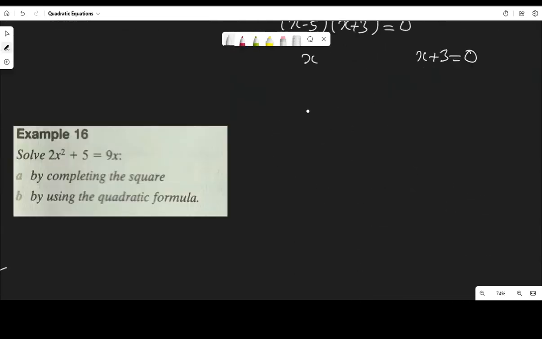The B part of this question says we should solve this using the quadratic formula. By the way, what is the quadratic formula? The quadratic formula is s equal to minus b plus or minus root b squared minus 4ac over 2a. Where did we get this formula from?